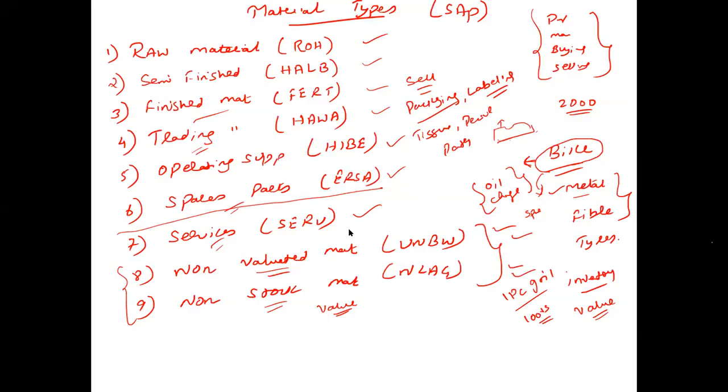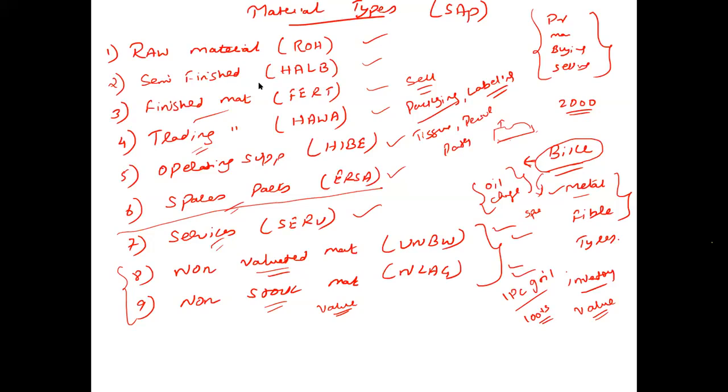Then will it be an operating supply or raw material, sir? It will be your semi-finished material. You are going to convert that raw material into another part, right? For example, you are using a metal, and that metal is getting converted into your chassis, or into your engine. So that will be your semi-finished material.